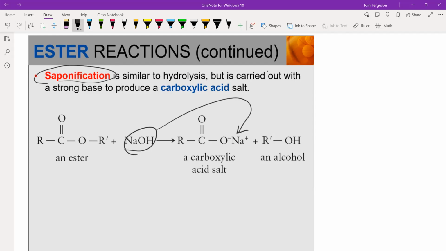So if I give you a molecule and ask you, can this be saponified? First thing is, is this saponifiable?